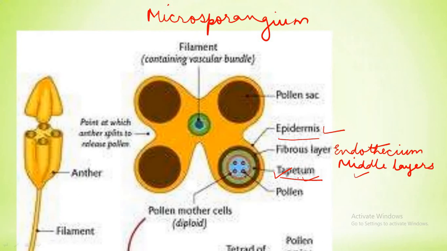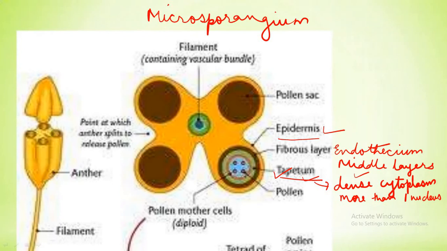The cells of the tapetum layer have dense cytoplasm, and generally have more than one nucleus. I hope this is clear.